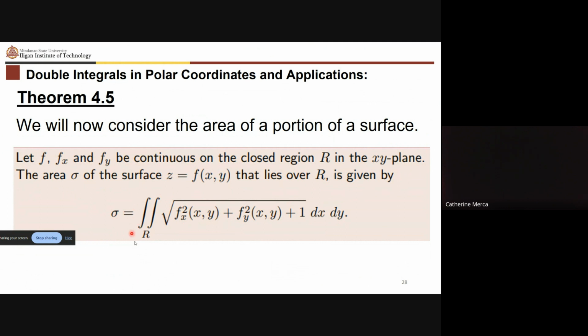Sigma is equal to the double integral of the square root of f sub x squared of xy plus f sub y squared of xy plus 1 dx dy. We'll end with that one first, and then we'll have the example on the next video.